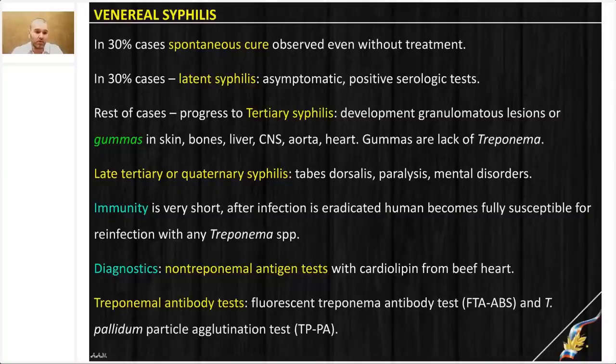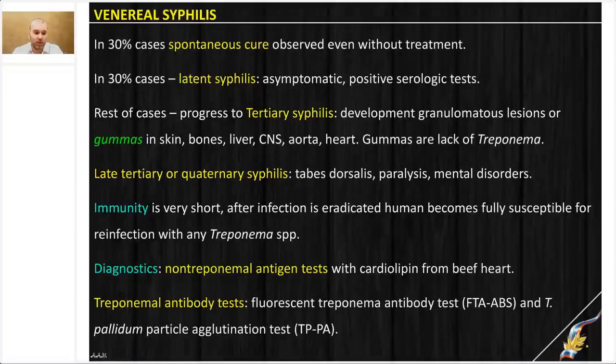It can be the third or fourth stage, and it is characterized by the appearance of unique lesions called gummas. This type of granuloma resembles mycobacterial or other infectious granulomas, but gummas lack Treponema. Those lesions can be identified in any organ and any tissue, and slowly they replace organ tissue with an empty area.